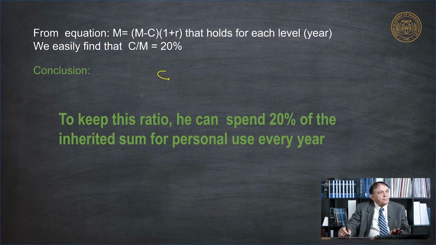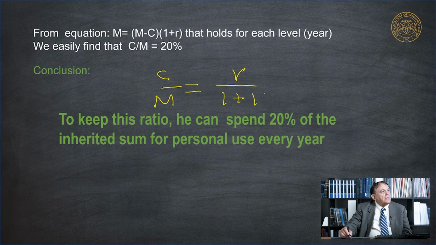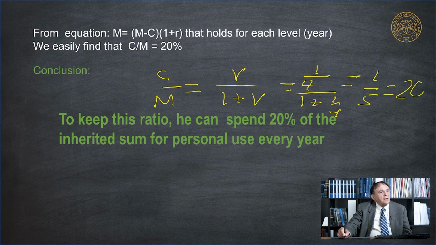Let us now put numbers into this equation. So it is C divided by M equals R over 1 plus R. R is 25%, this is 1/4.